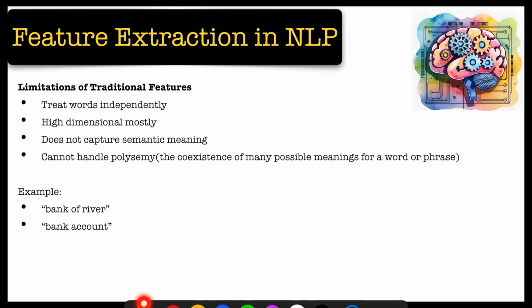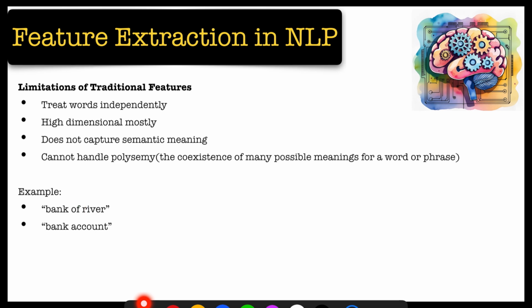Now, limitations of these traditional features. They treat words independently, and the representations are mostly high dimensional. They don't capture semantic meaning, and they cannot handle polysemy. Polysemy is the coexistence of many possible meanings for a word or phrase. Let's say bank of a river and bank account.